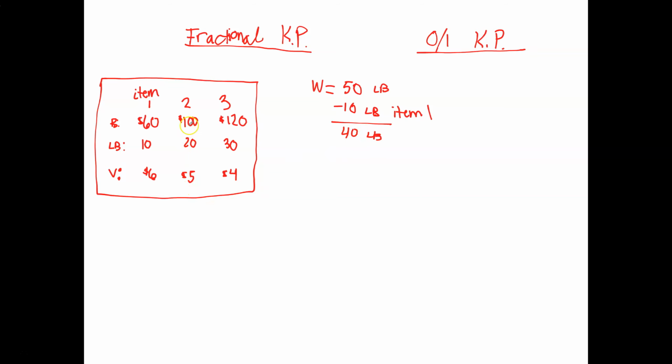So we take as much as we can of item 2, which is 20 pounds of item 2. And then we have 20 pounds left over. But since item 3 is 30 pounds, and we're not allowed to take a portion of it when solving the 0-1 knapsack problem, we wouldn't be able to take anything more. We would essentially have just this empty space in our backpack. So using the greedy approach, we would end up getting a total of $160 worth of stuff. This is how much item 1 plus item 2 is worth.